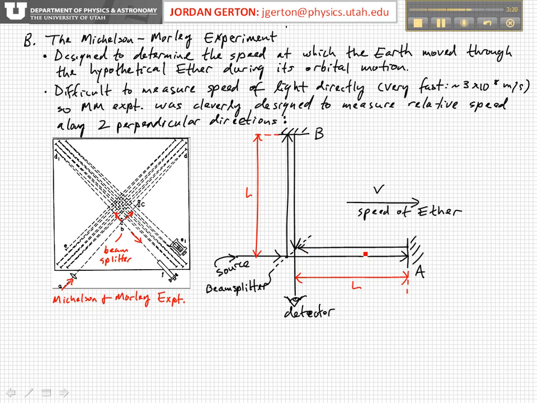We have two arms of this device, which is actually called an interferometer, analogous to the two perpendicular directions in the original experiment. Each of the arms has a length L, and that L is actually the total travel distance for the light bouncing back and forth many times.